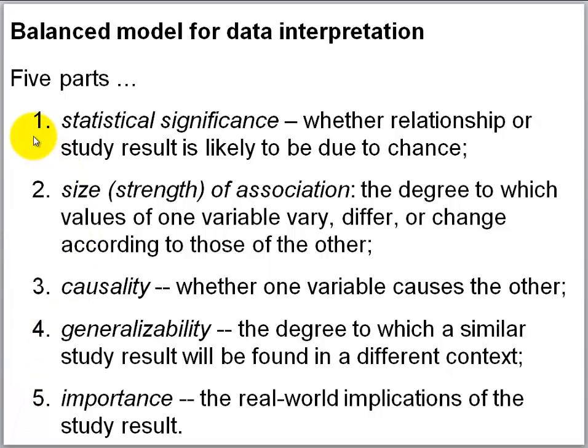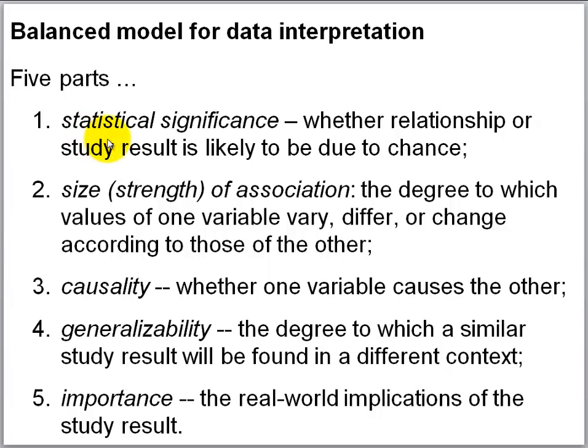So they've taken the meaning of statistical significance, whether a relationship or result is likely to be due to chance, and inappropriately extended it to other parts of data interpretation. But let's quickly summarize the 5 parts of the model.